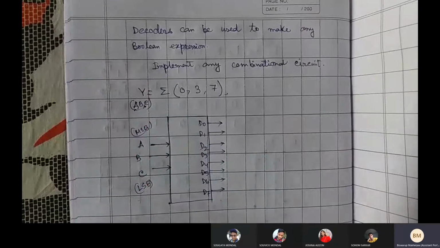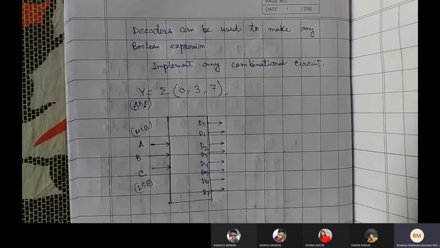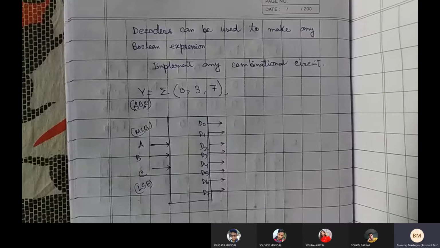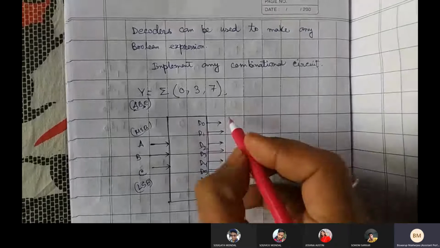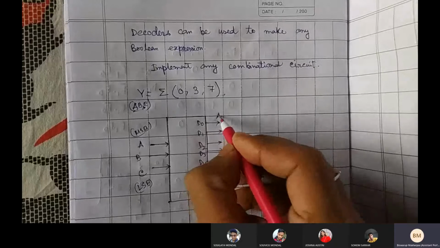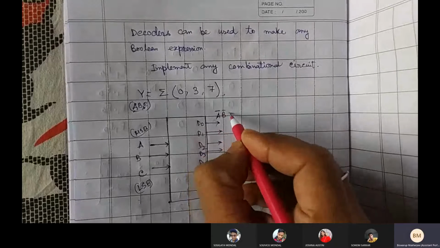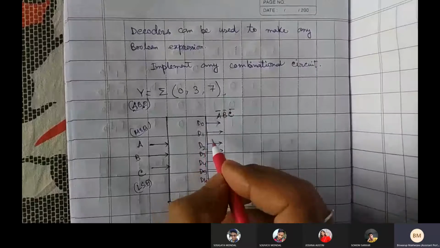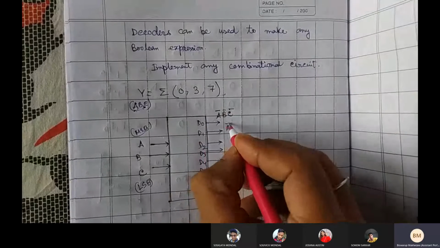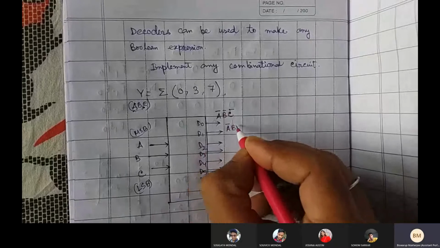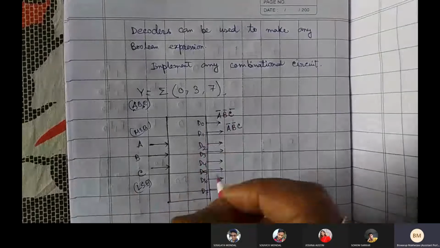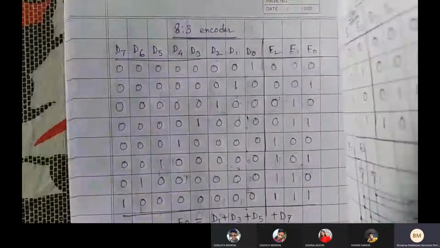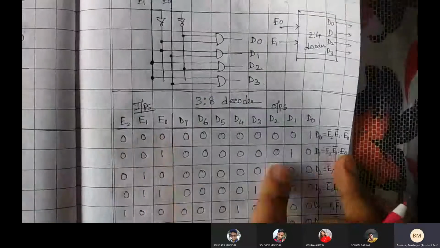That means D0, what does it signify? D0 is nothing but the response of A bar, B bar, C bar. Similarly, D1 is the response of A bar, B bar, C, and so on. Because we have already found that if we have E0, E1, E2, then D0 is E2 bar, E1 bar, E0 bar.